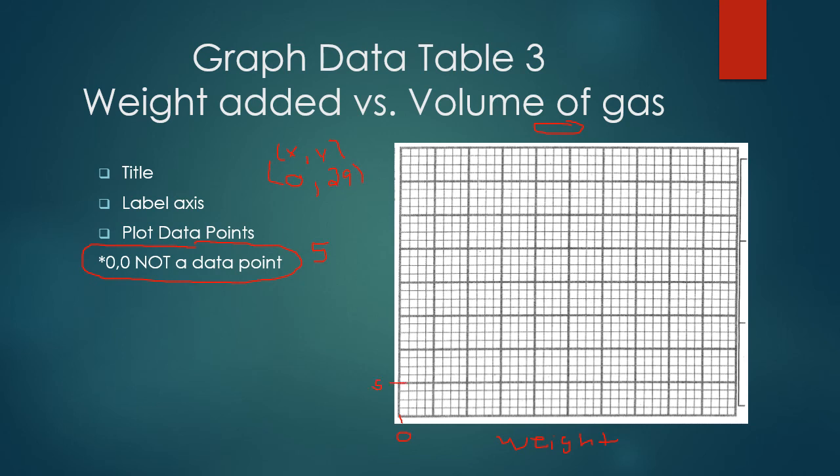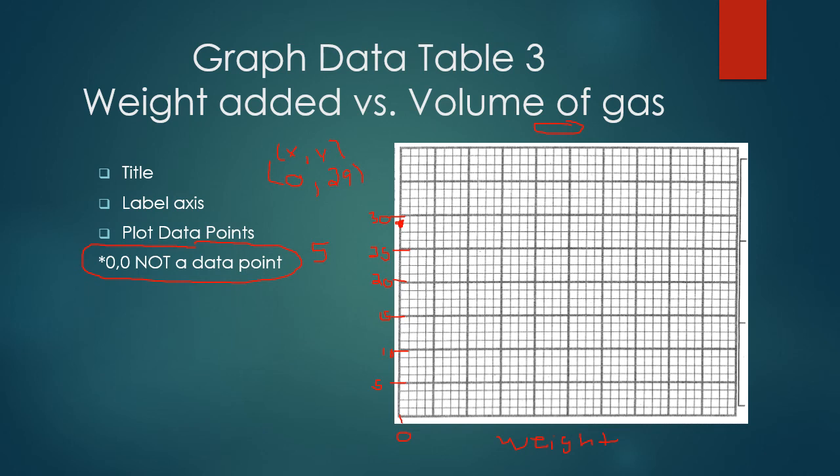So let's say I went by 5s. You don't have to go by 5s. You might actually not want to go by 5s because that's going to make for a very small section of graph. But I just wanted to show the point here. So if you're at 0 on the x, then you follow it up to 29 on the y. So your first data point would be somewhere around here.